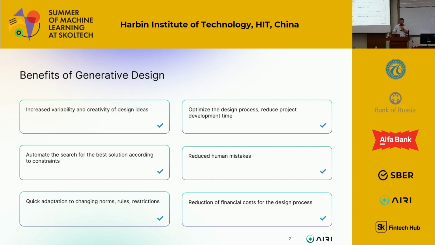The next one is optimizing the design process and reducing the project development time. The average construction life cycle of a common building in Russia takes from 5 to 7 years. And from this 5 to 7 year period, nearly 4 years is taken by document construction design. A lot of engineers, a lot of project institutes inside developer companies and construction companies are doing projects.